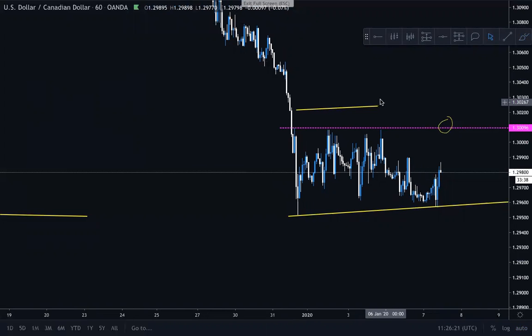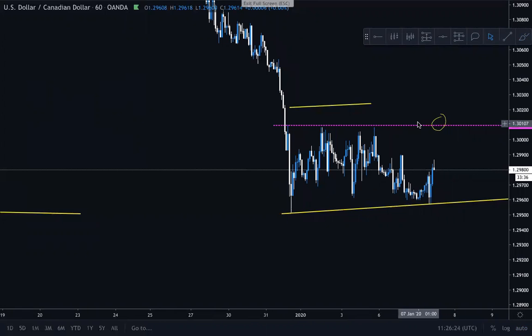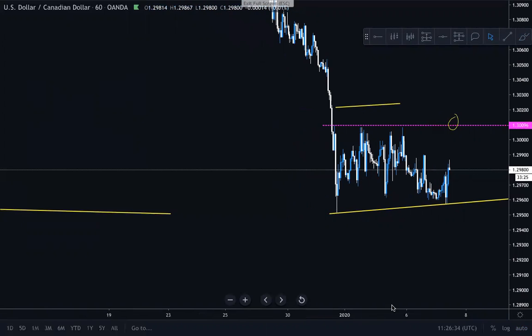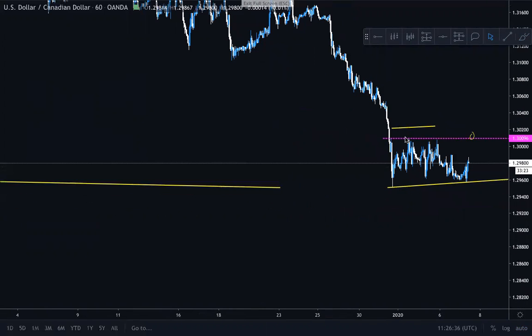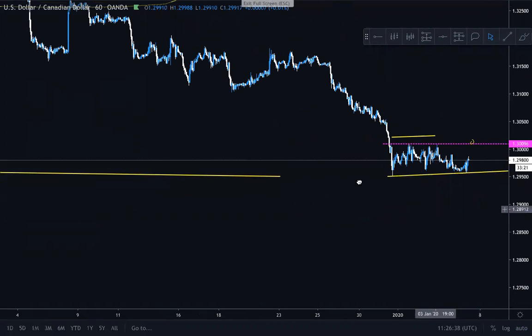But it's also kind of my line in the sand area, being that we are getting those descending formations on the weekly and daily most recently, with this impulsive move lower followed by a bear flag correction, right?